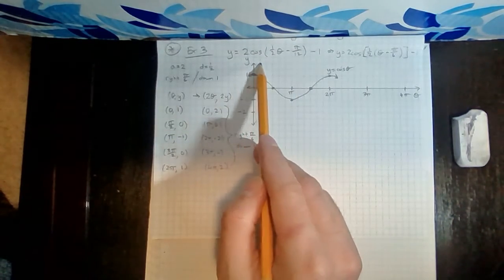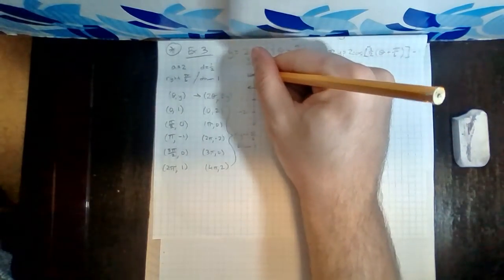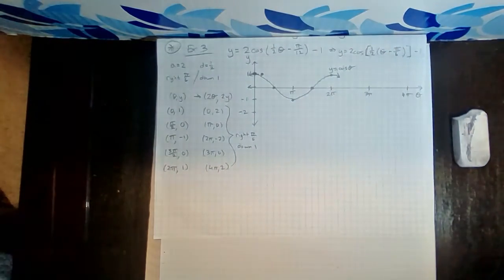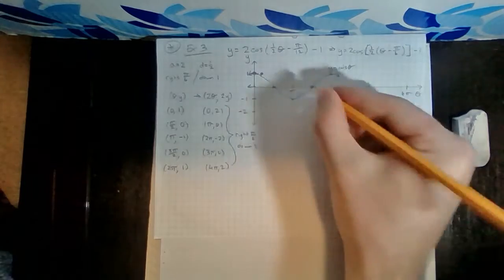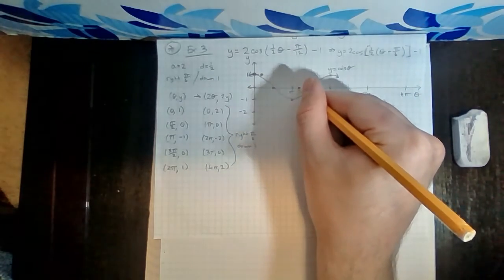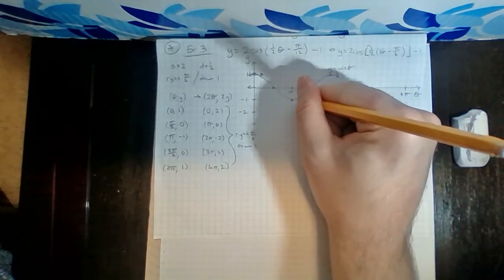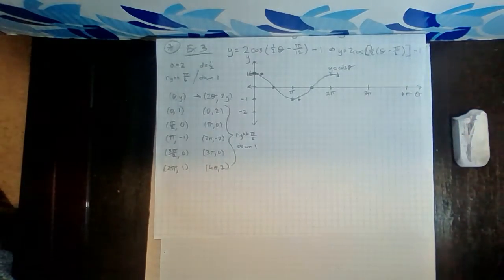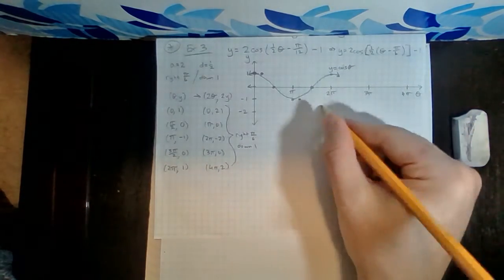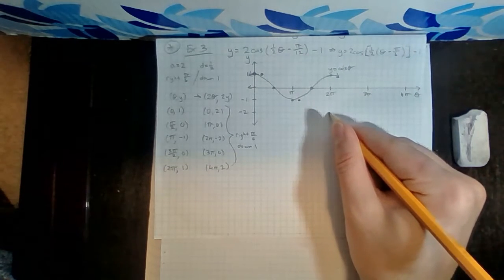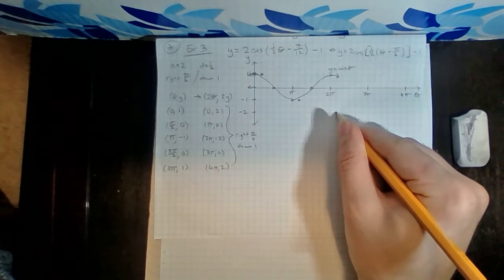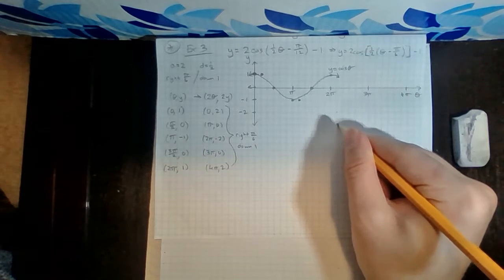We go over 1 unit, down 1 to here. Pi, 0, over pi over 6, down 1. 2 pi, negative 2, over pi over 6, down 1.